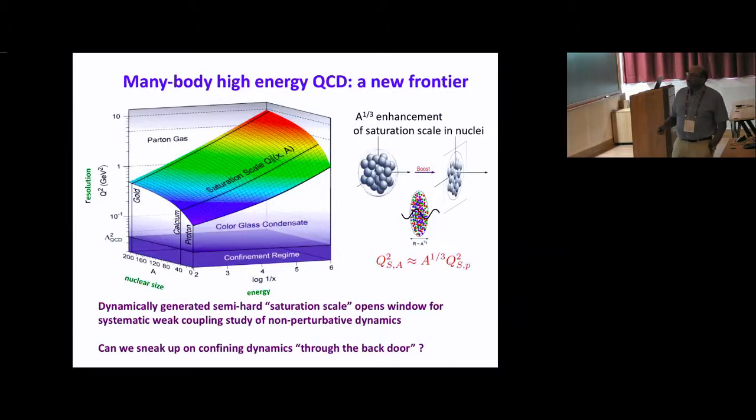We don't know much about it. And the conceit is that now I've plotted resolution, nuclear size, and energy. A lot of physicists working in perturbative QCD don't want to think about nuclei, as if they don't exist, as if these were not objects made up of quarks and gluons.